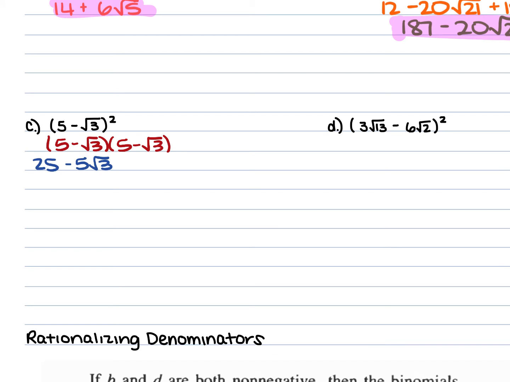Negative square root 3 times 5 is negative 5 square root 3. Negative square root 3 times negative square root 3 is a positive square root 9. To simplify, we have 25 minus 10 square root 3 plus 3, which then further simplifies to be 28 minus 10 square root 3.